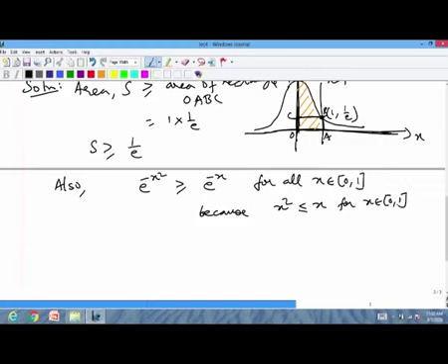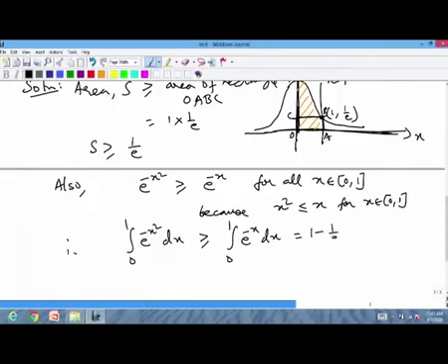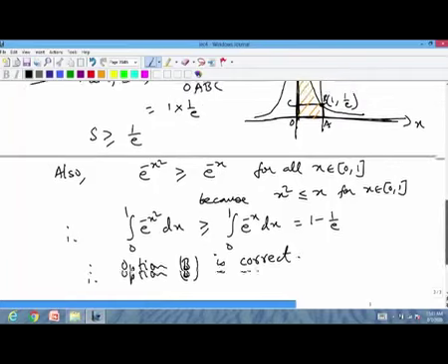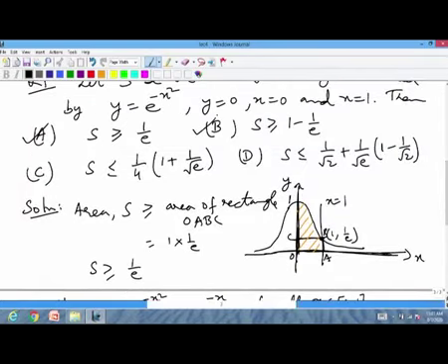So, e to the minus x square will be bigger than equal to e to the minus x. Therefore, the integral of 0 to 1 e to the minus x square dx is bigger than equal to the integral of 0 to 1 e to the minus x dx, and this integral is nothing but 1 minus 1 by e. So, option B is also correct. So, option A and option B are both correct.